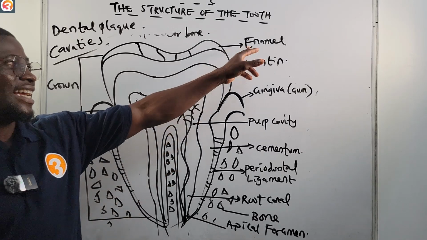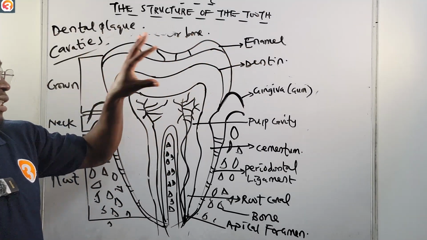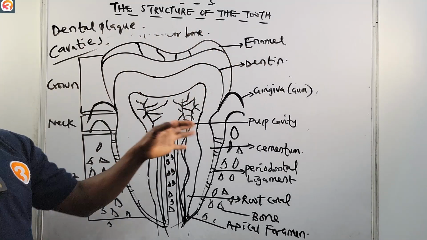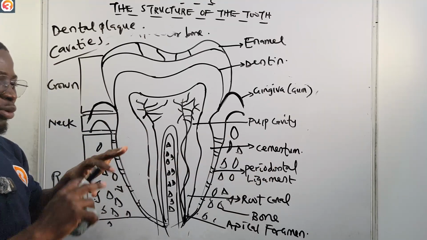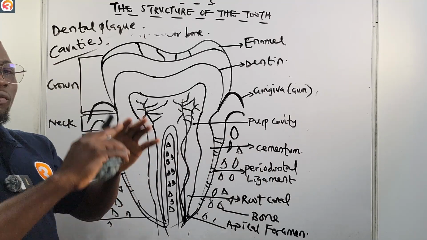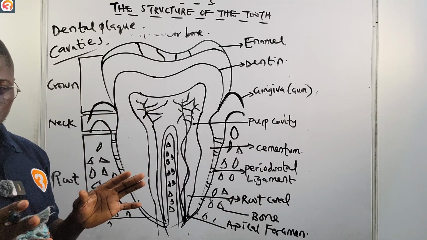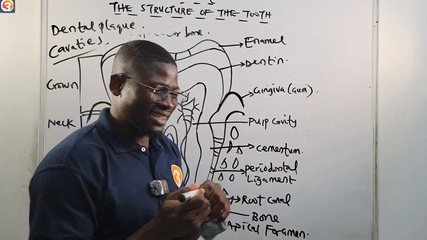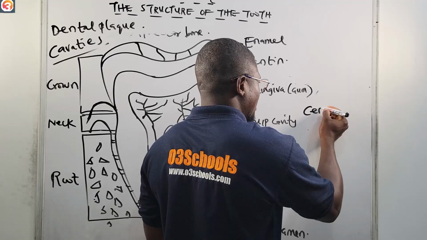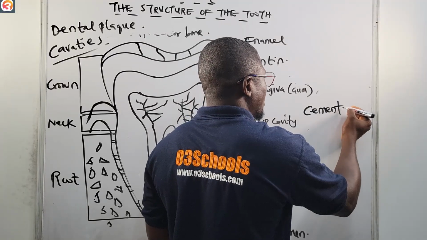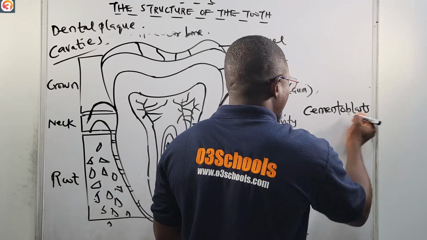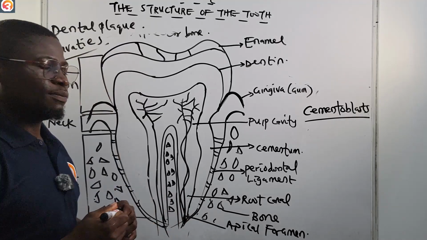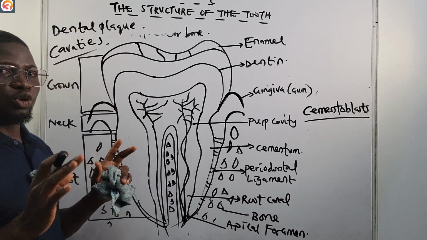Just like the enamel is the hardened layer of the crown, the cementum is the protective layer of the tooth's root. It is produced by cells known as cementoblasts. Please take note of that.